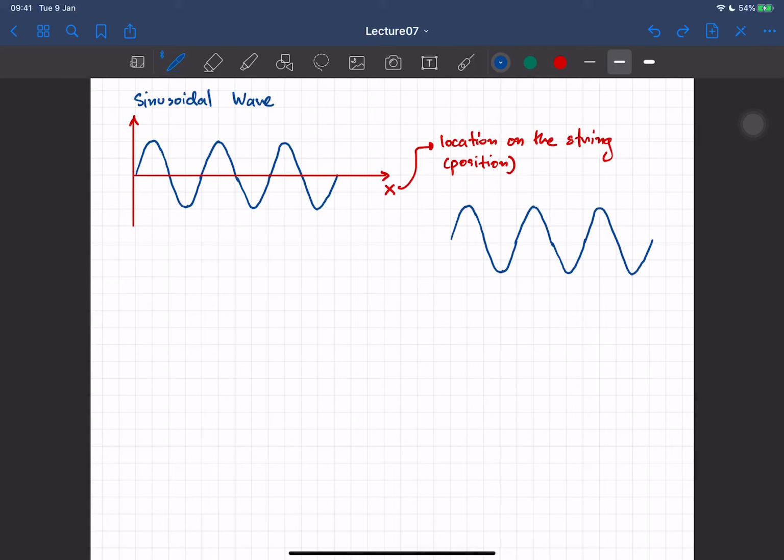It's kind of like the equilibrium position for the mass and spring system that we talked about last time. If it's not oscillating, that's where the particle is going to be. So y measures what we call the displacement of the string.